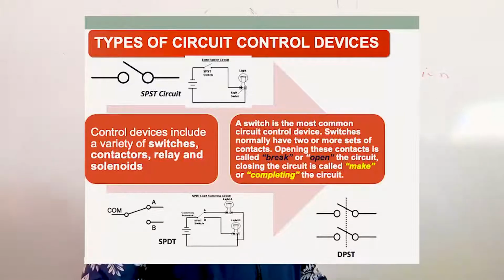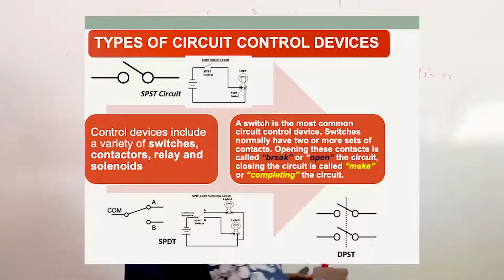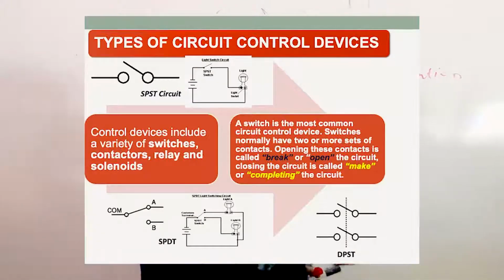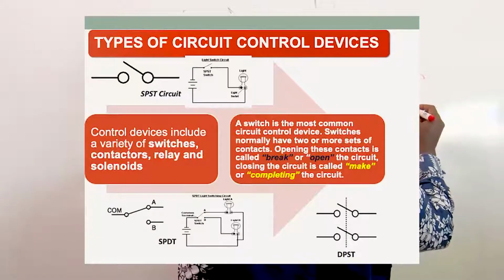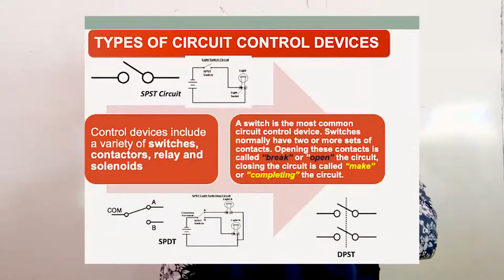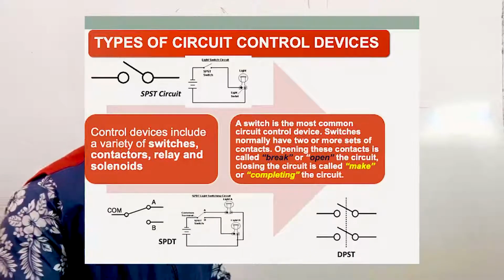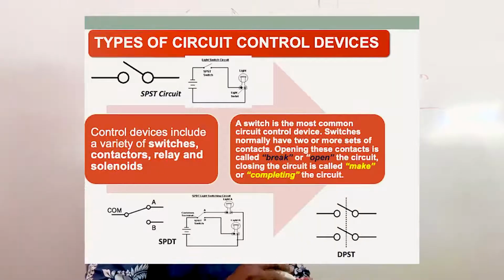We have circuits that have to do with single pole, single throw. Also, which is just basically the types of control switch, we refer to as SPST, single pole, single throw. That's the simplest form of a switch. You see more types of switches when you go to the materials.